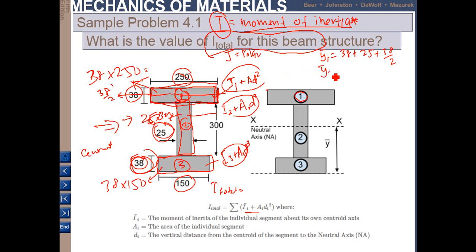The centroid for the second section is in the middle of this, so it is 300 over 2 plus 38.